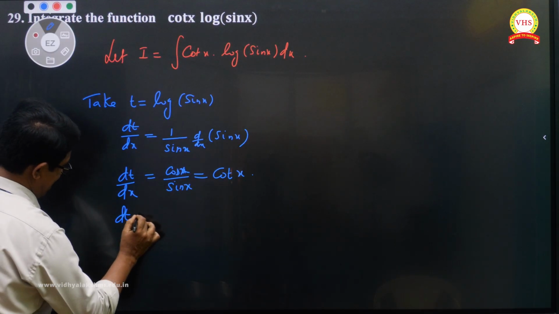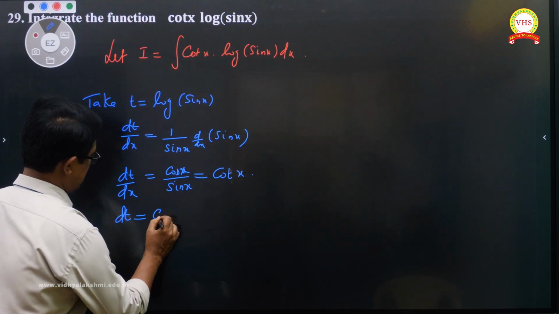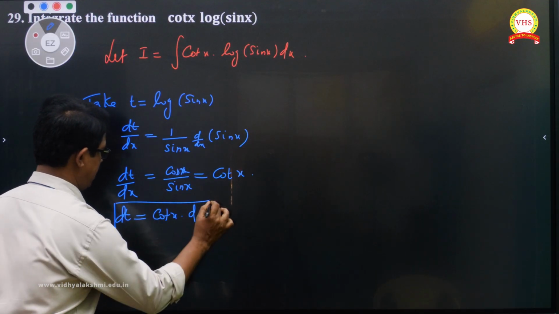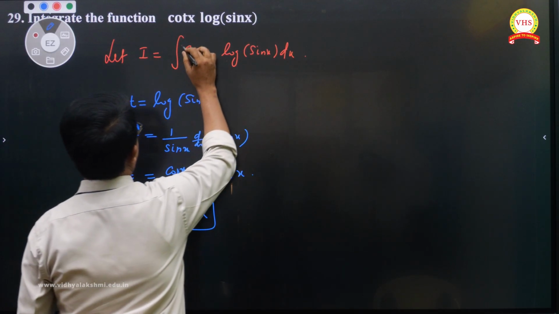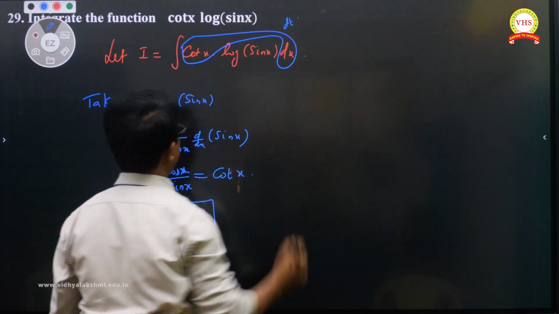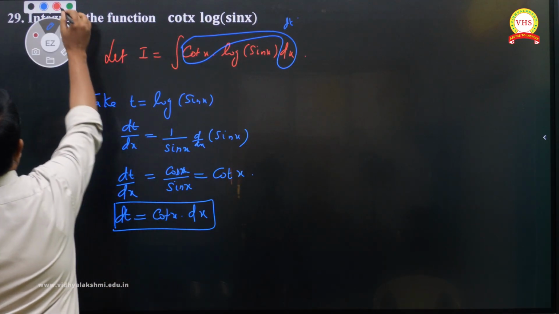Now, we need only in terms of dt. That means cot x into dx is the dt value. Look at this integration. In terms of cot x dx, I'm going to change it to dt. Now, finally, what does the integral become?